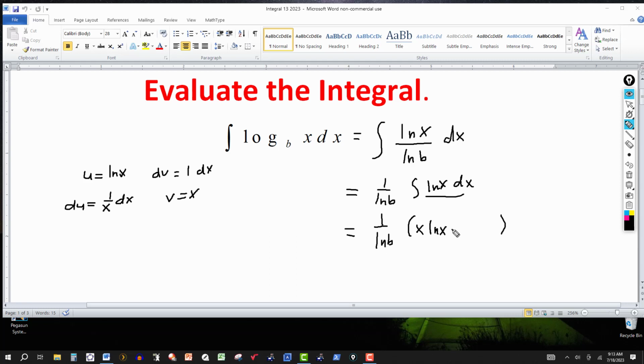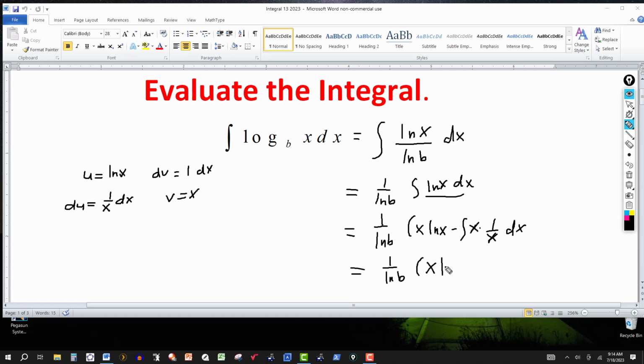And then the second part is minus the integral of v, which is x, times du, and du is 1 over x dx. Now this is a simple integration because x and x are going to cancel. So I'm going to have the integral of 1 with respect to x, which gives us x.